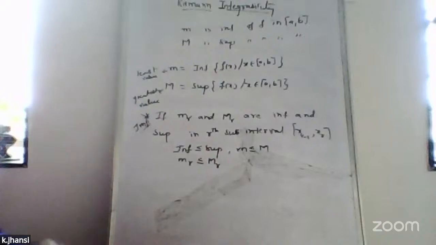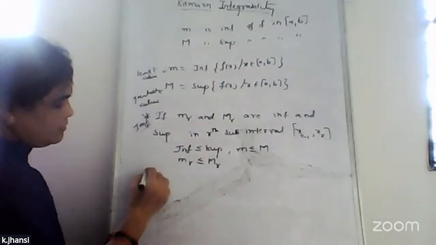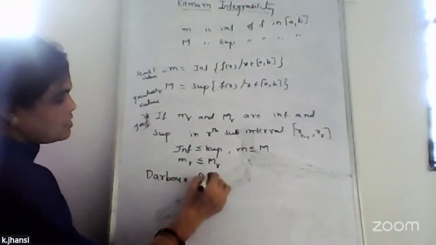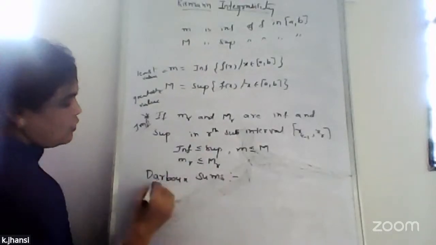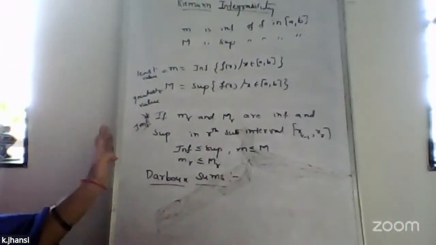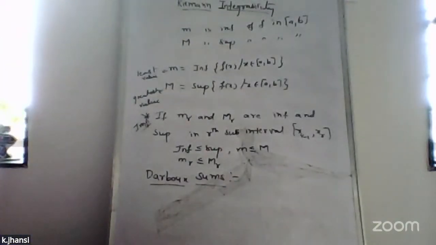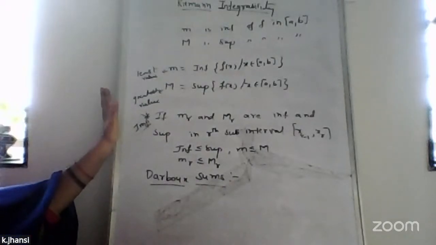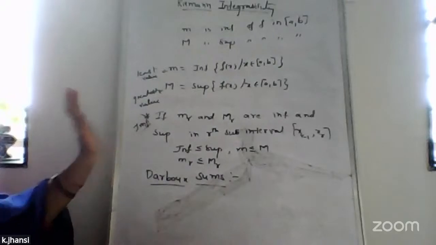Okay, so next we have Darboux sums. If you see the textbook, you will have all these concepts, and on these concepts you have theorems. If you understand these concepts, you can easily do the proofs of these theorems. I am not writing the definition, just the representation.